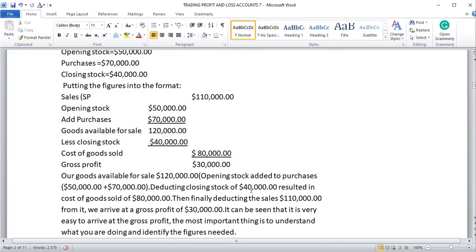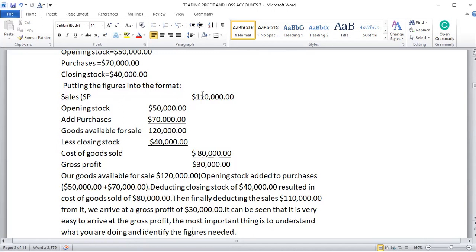Deducting the closing stock of 40,000 results in cost of goods sold of $80,000. Then finally, deducting the cost of goods sold from the sales of $110,000, we arrive at a gross profit of $30,000.